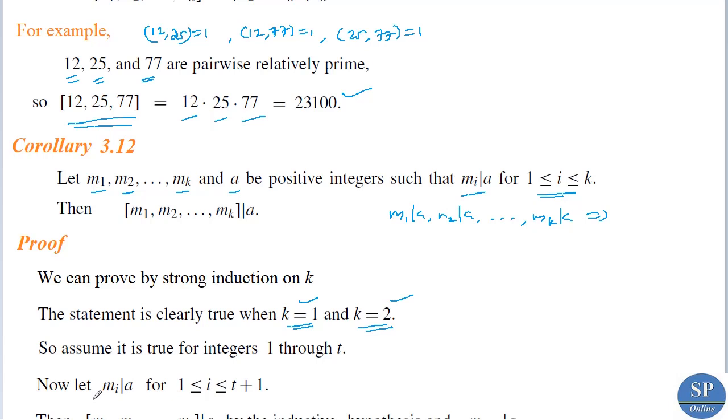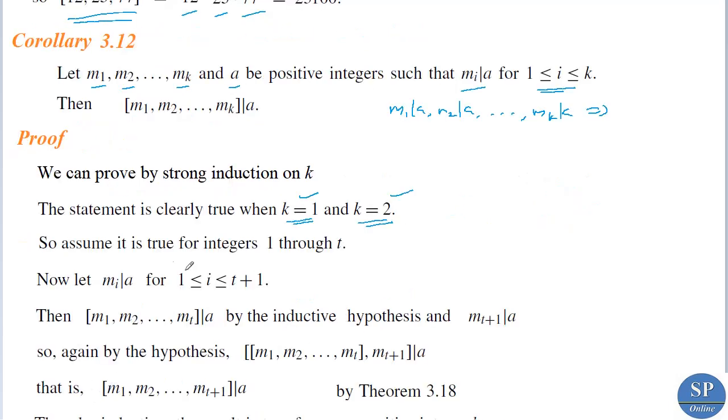Now assume that the result is true for integers 1 to t. That is, m1 divides a, m2 divides a, etc., mt divides a implies the LCM of m1, m2, etc., mt also divides a. That is the assumption.